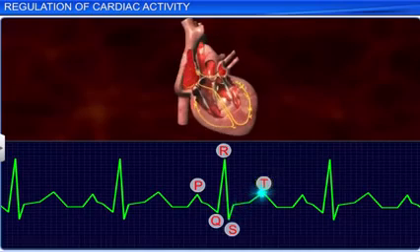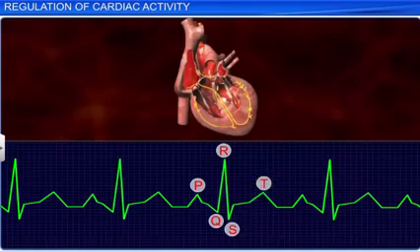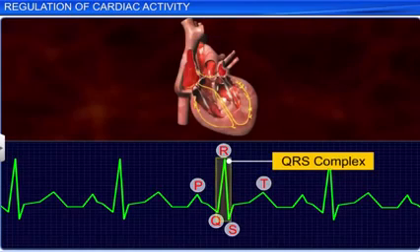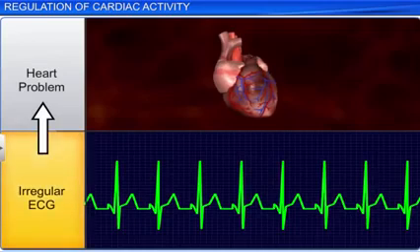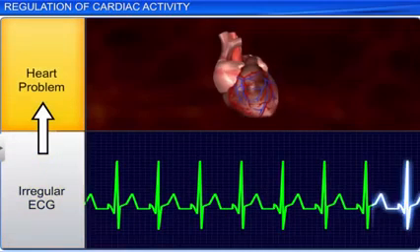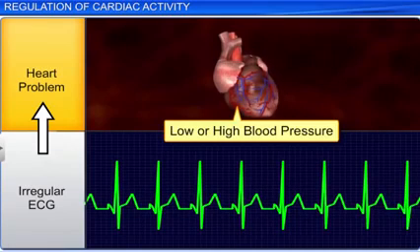The final T wave corresponds to the relaxation of the ventricles to the normal state or repolarization, and the end of the systole. The number of QRS complexes equals the number of heartbeats. Hence, any deviation from the standard ECG signals a problem relating to the heart. Most heart-related problems are related to drastic changes in blood pressure.